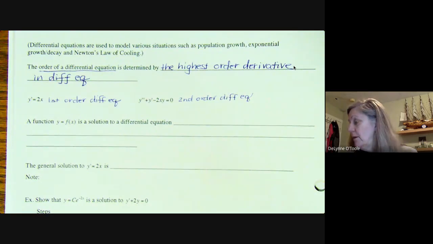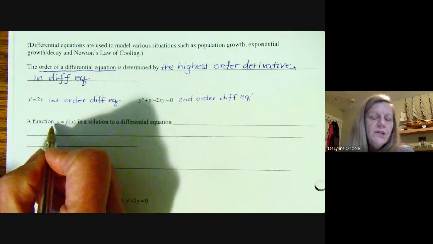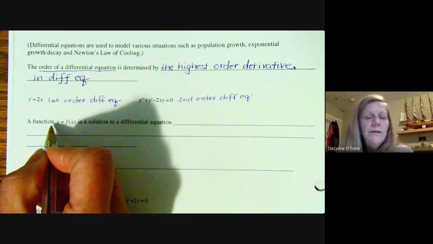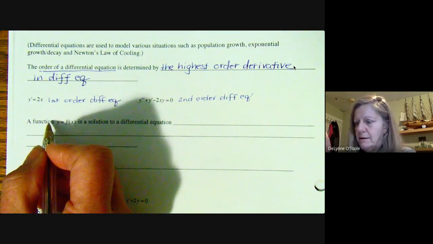All right, so let's talk about what is a solution to a differential equation. Well, a solution is going to be a function. If we say solve the differential equation, you're not looking for a number, you're looking for a function, okay?